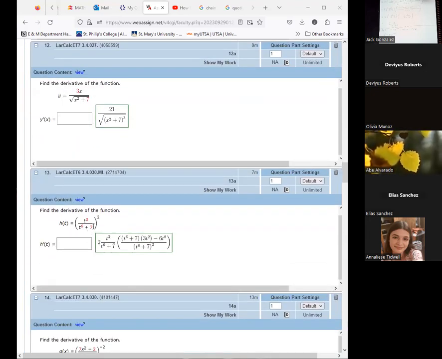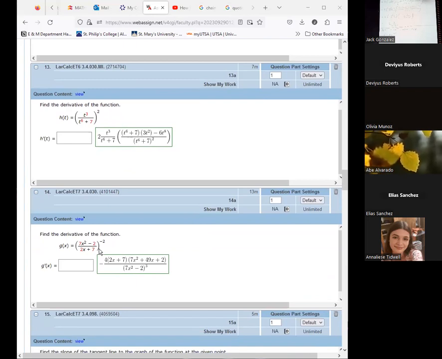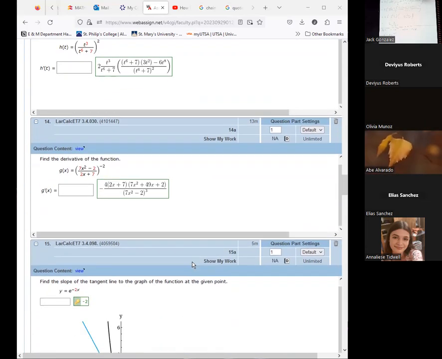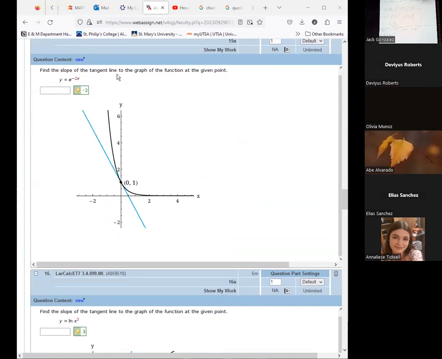Here's the same type of deal. On 15, they ask about slope of the tangent line. So basically, find the derivative, plug in this x value. So stuff you've done before. It's just that now the derivative is using the chain rule.